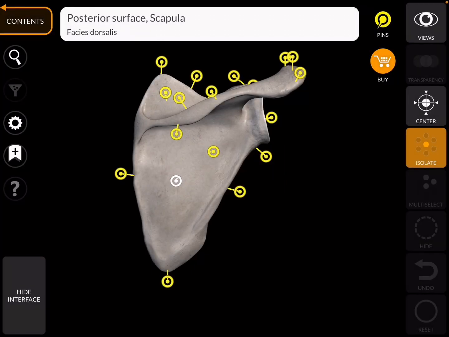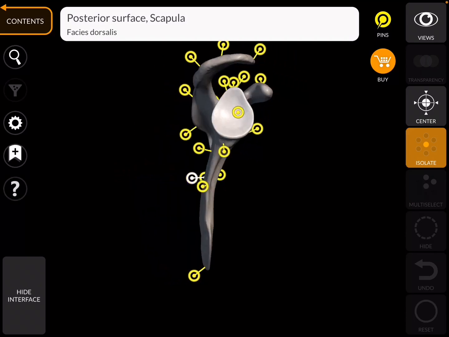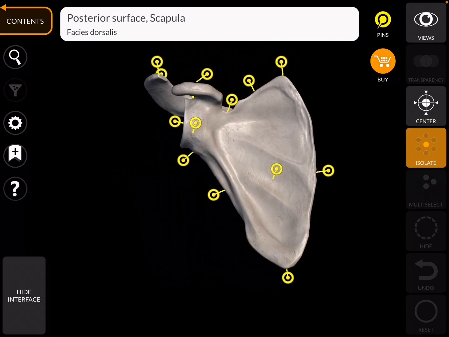We have talked about the spine. This convex posterior surface is found on the posterior aspect, so it's divided into two by the spine of the scapula. We are going to have a supraspinous fossa, which is this one, and an infraspinous fossa, which is this one.